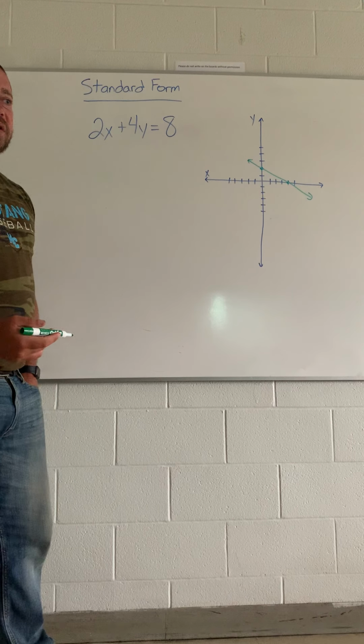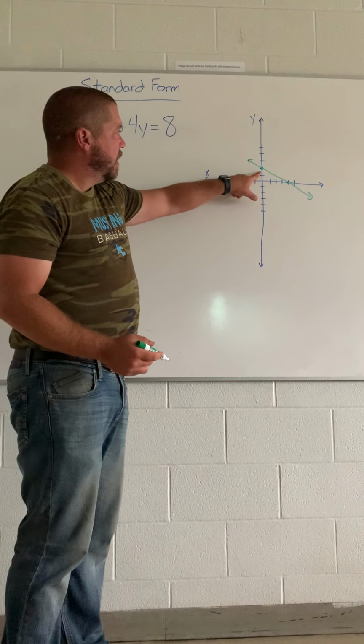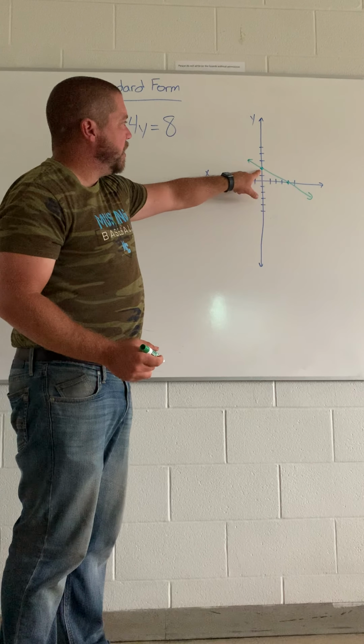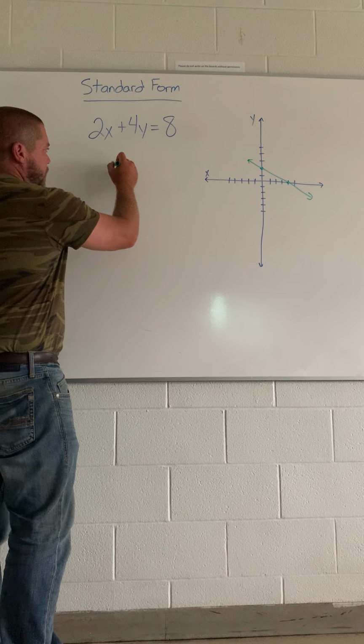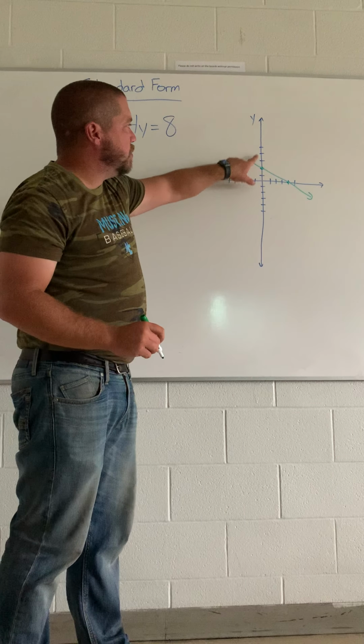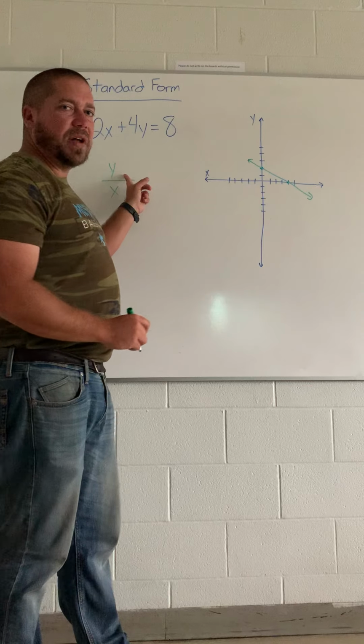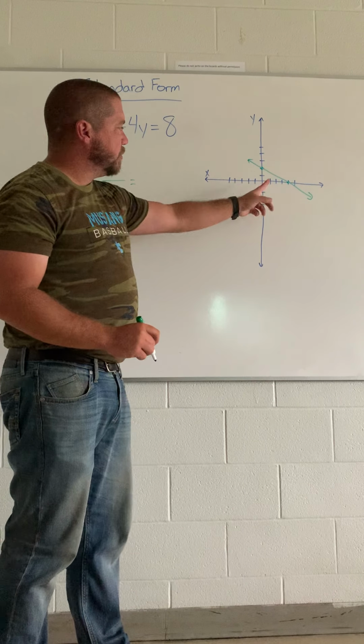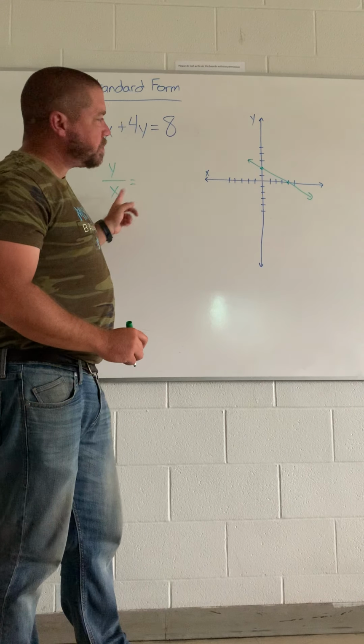Or I can determine my slope from there. So my slope is going to be y over x. In other words, how many I go down or up is going to go in my numerator. How many I go left to right goes in my denominator.